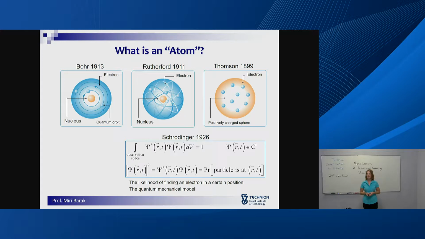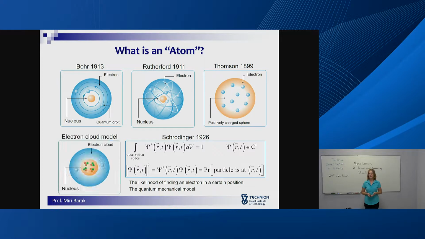In 1926, Schrödinger developed his theory and the equation of the likelihood of finding an electron in a certain position. So we call it the quantum mechanical model. But as you can see, these are different types of evolution throughout the history of how atoms were depicted and described.